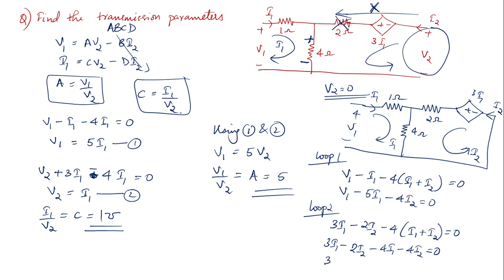You can just solve it. You will get 3I1, sorry, that is minus I1. So you will get minus I1 minus 6I2 equal to 0.